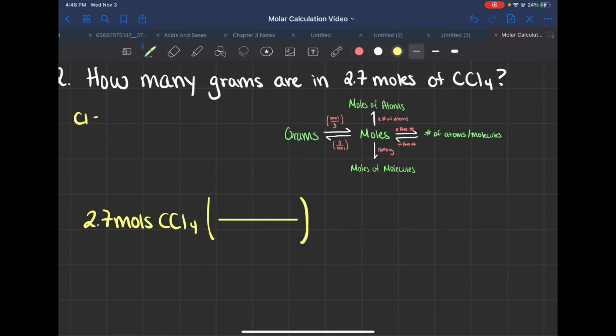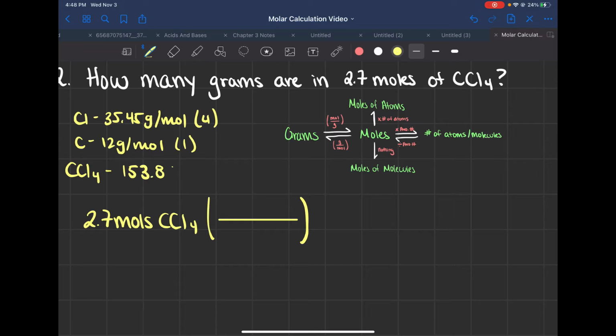So chlorine is 35.45 on average grams per mole, and carbon is 12 grams per mole. But we have 4 of these and only 1 of these. So our total, 35.45 times 4 plus 12 gives us 153.8 grams per mole.